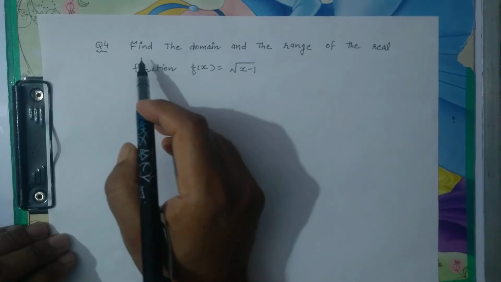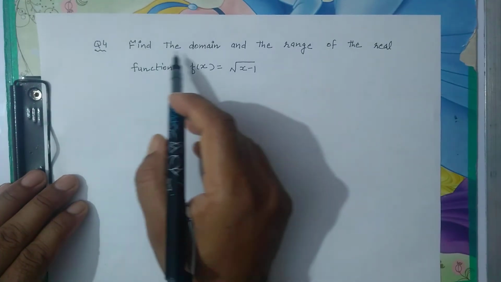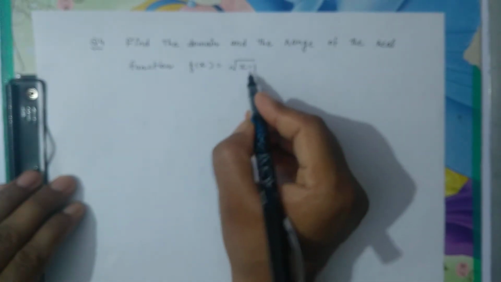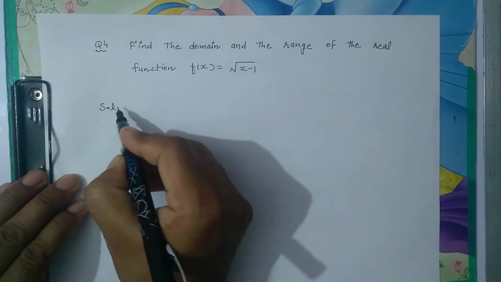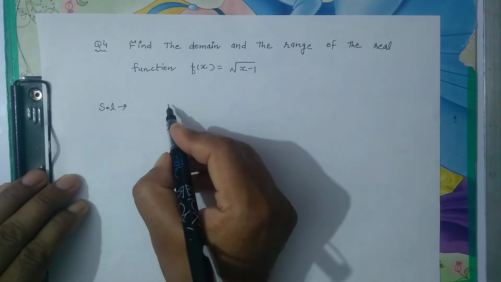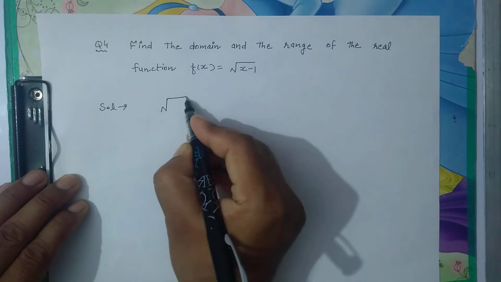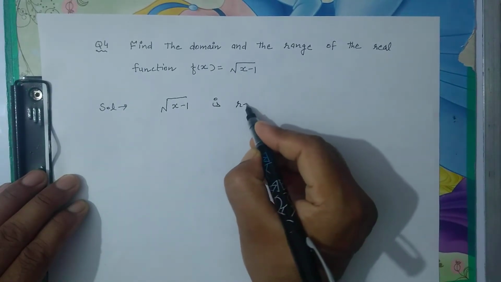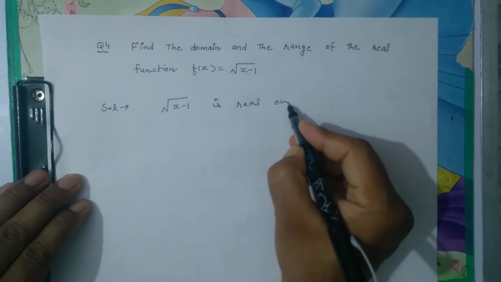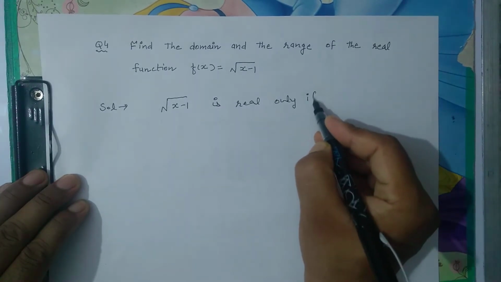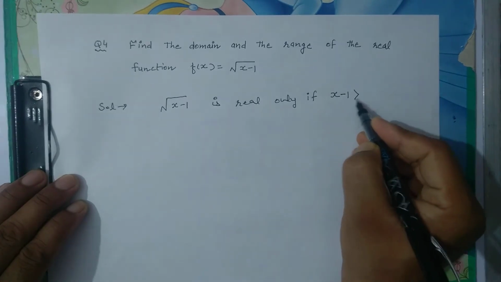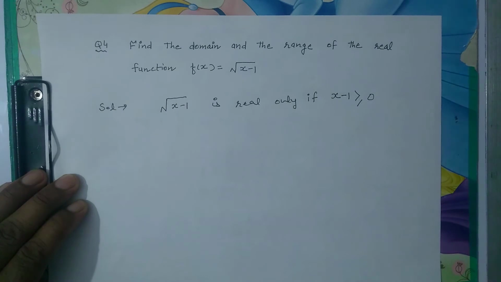Now we have question number 4. Find the domain and the range of the real function f of x is equal to square root x minus 1. My dear students, we know that square root of x minus 1 is real only if inside the square root the term is greater than or equal to 0.